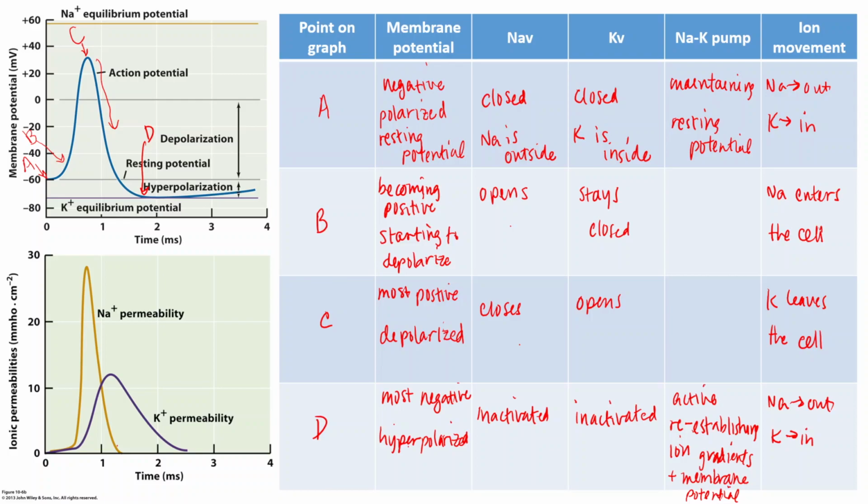It's the difference in charge on one side versus the other side of a cell membrane. Membrane potential always is from the perspective of the inside of the cell. So if membrane potential is positive, it means there's more positive charge on the inside of the membrane. Or if it's negative, there's more negative charge.